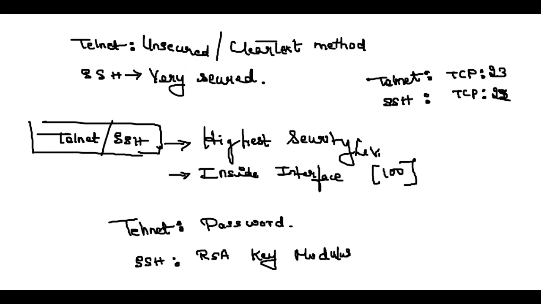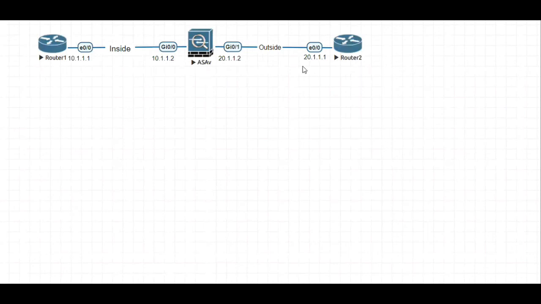We will also be changing some security levels to understand how Telnet works in the lab. Let's take two routers connected via Cisco ASA Firewall. We have 10.1.1.1 on router 1, and 10.1.1.2 on the other side on the Cisco ASA Firewall.